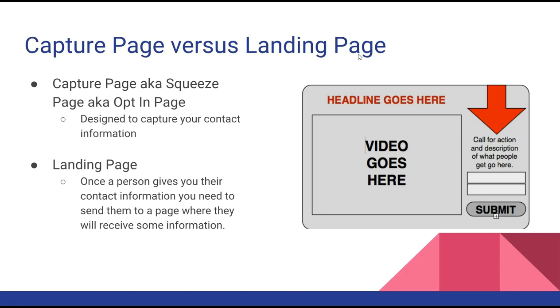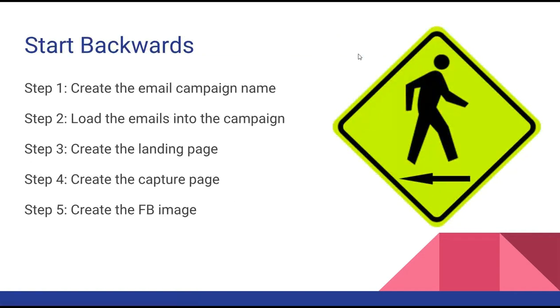Hopefully you understand the difference between a capture page and a landing page. Now, as we begin to build the funnel, let me explain a funnel because I was almost about to say funnel and just keep going like you knew what it was. A funnel is where you get people into the funnel and you take them through a process and hopefully get leads out on the back end.